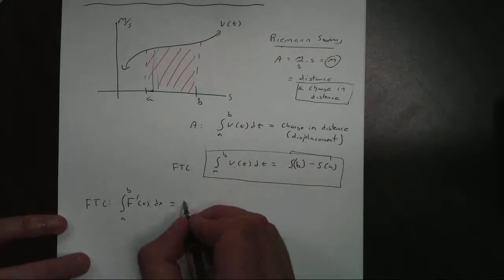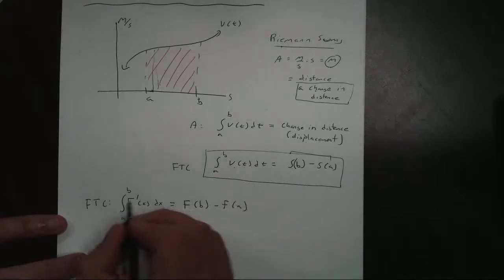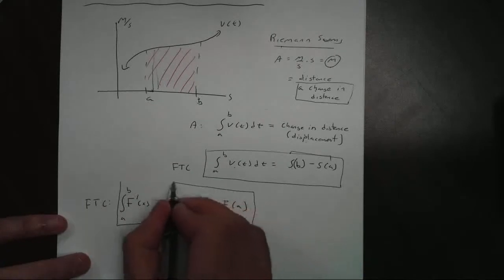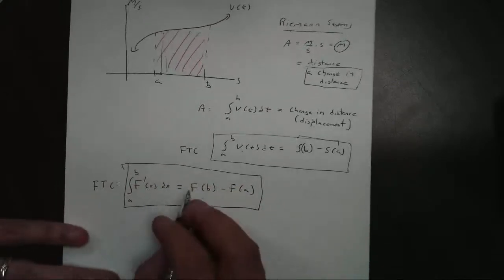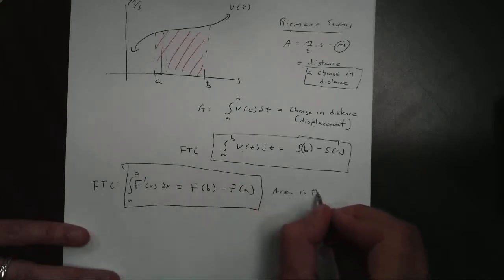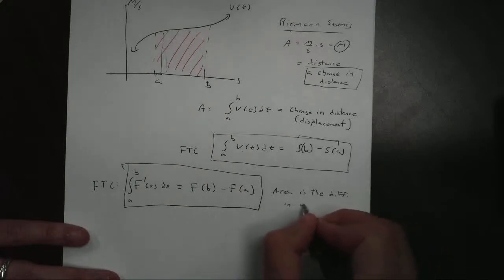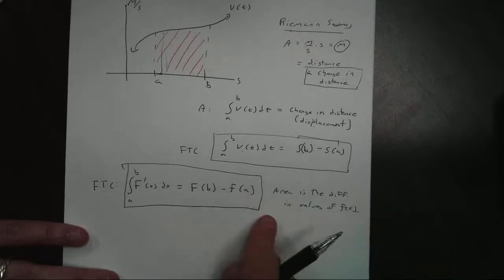So we're going to get the change in the function, f of b minus f of a. Not the change in the derivative, but the change in the function. And that's really what FTC says. Area, in a nutshell, is the difference in the values of the function, not the derivative.